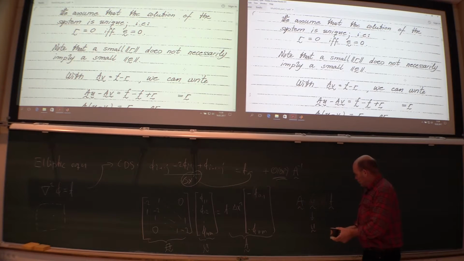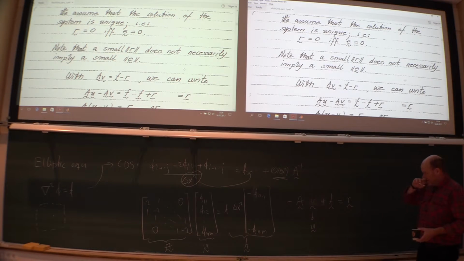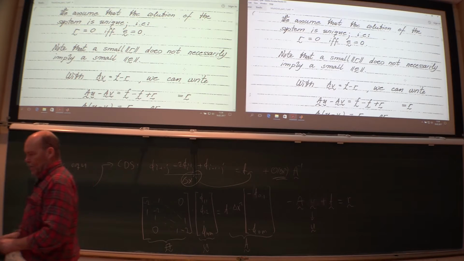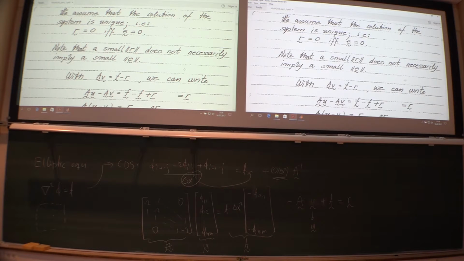When you had V, so you had F minus AV equal to the residual. This is just an equation system. You can multiply this equation with 1 million. Then the residual will be 1 million times larger. So you can't really tell when R is small what does that mean. You can't really say it. So the error norm is a better indicator of how close you are to a solution than just the residual.